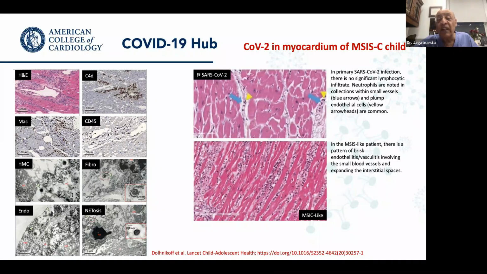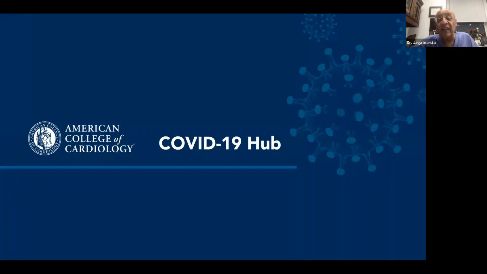You see very little involvement of the interstitium there as compared to the one which occurs late in these cases. Such cases are more likely to respond to immunomodulatory therapies, such as tocilizumab or other IL-6 agents or other anti-inflammatory agents. This possibly happens because of a hyperimmune response or because of a macrophage activation syndrome. Thank you very much.